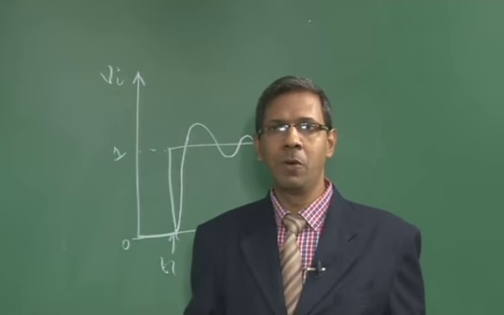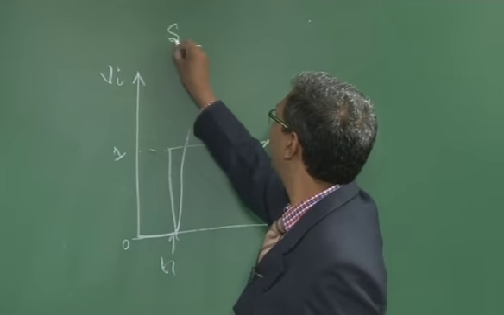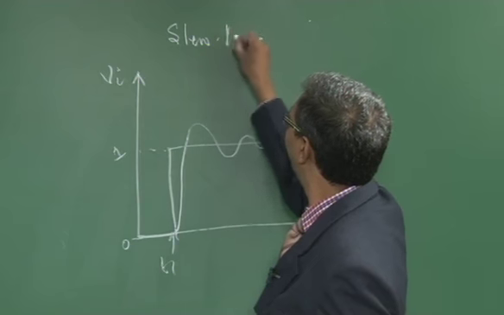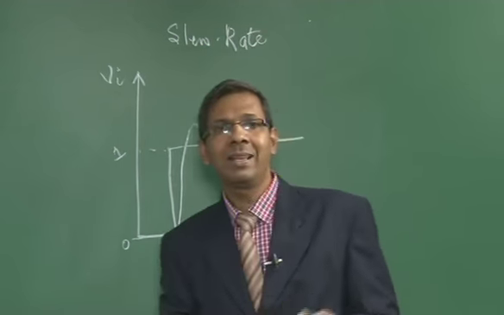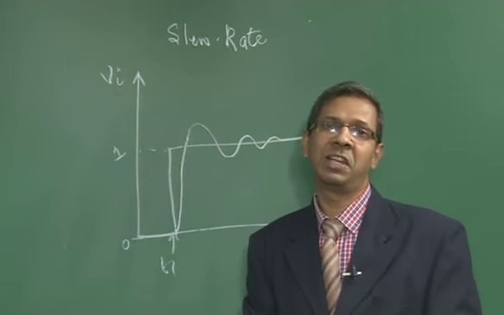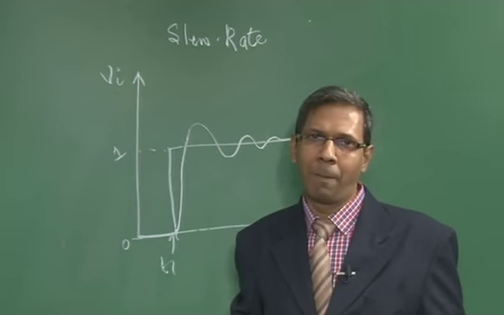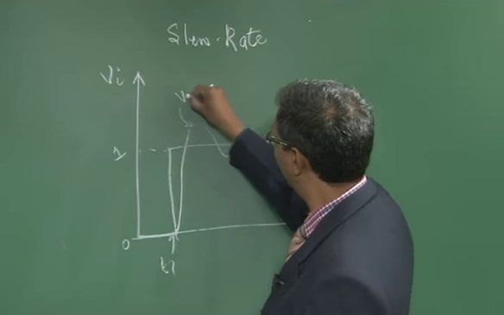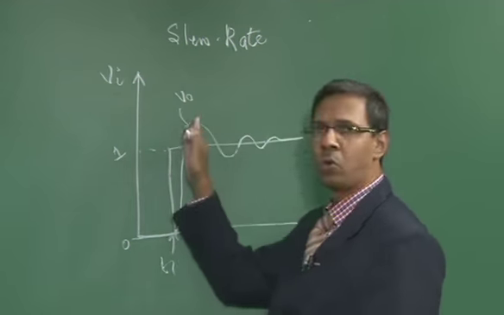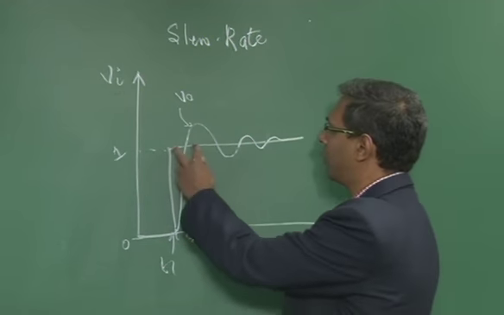Now what is slew rate defined as? As the name suggests, slewing, right? What is the maximum rate of change of output of an op amp? For example, this was your V0. Now V0 is changing from 0 to 1 and it takes a certain amount of time.